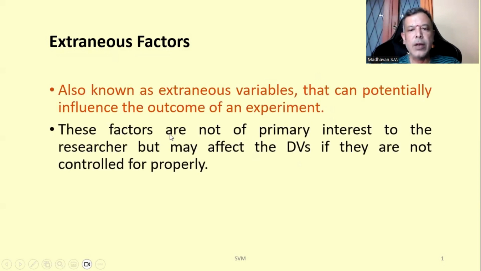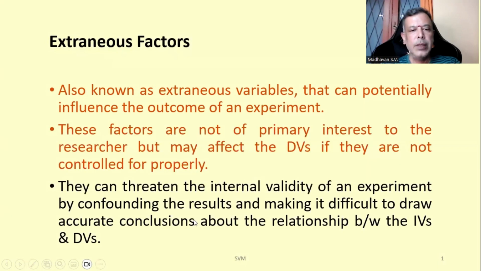So these factors are not of primary interest to the researcher, but may affect the dependent variables if they are not controlled for properly. They can threaten the internal validity, which means you can't confidently say that the independent variable causes the dependent variable.